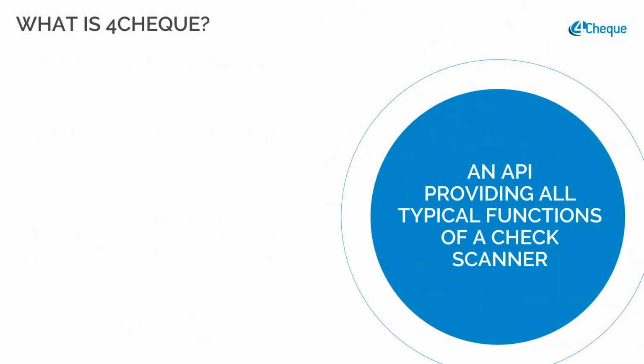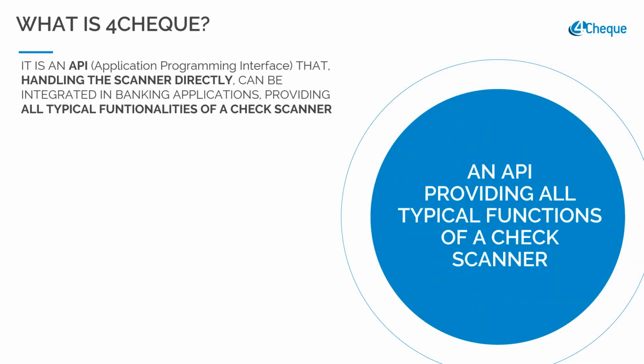4Cheque, from a technical point of view, is an API that handles the device directly, for example an A4 scanner, providing all the typical functionalities of a check scanner and permits a fast and reliable integration with the banking systems.